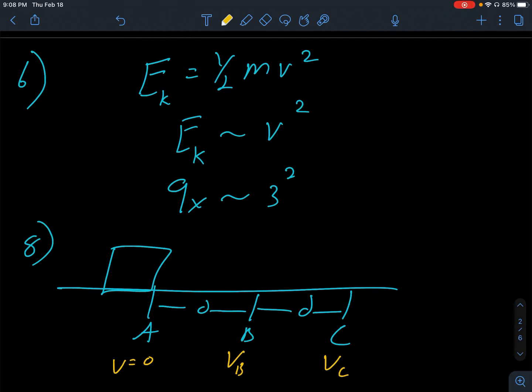And it says, when the block has traveled this other distance D to point C, will its speed be greater than, less than, or equal to twice the velocity of B? So we're given that we're applying a constant force.